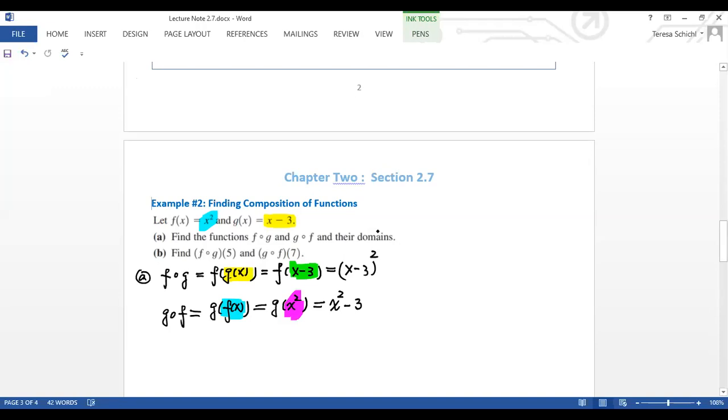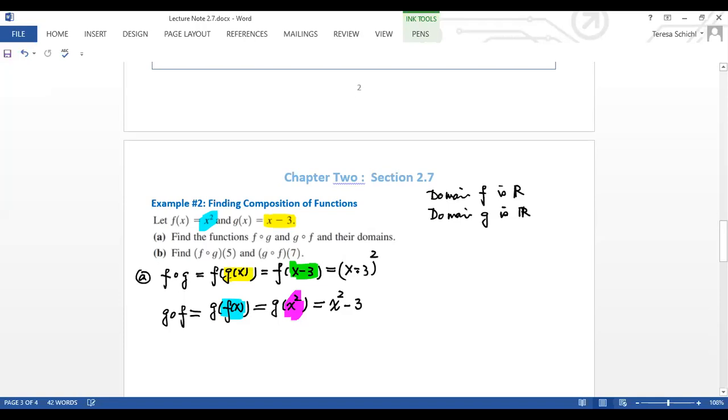Now let's take a look at the domain. The domain of F is what? It's all real numbers, right? Because it's x squared, no restriction. And the domain of G of x is what? It's all real numbers also, right?